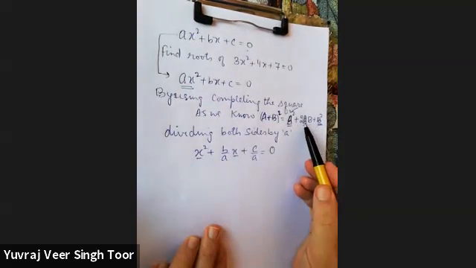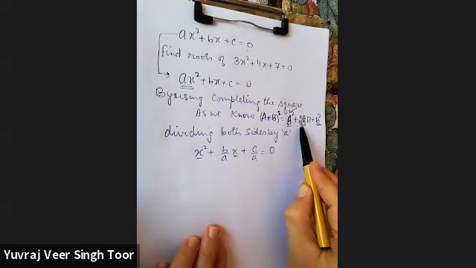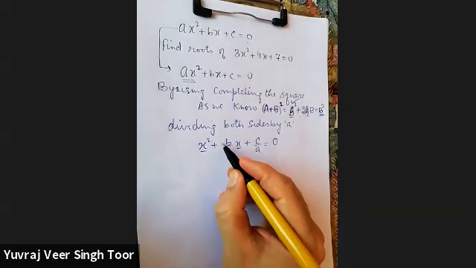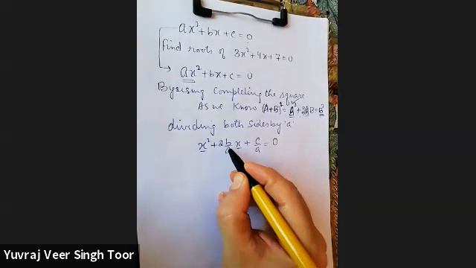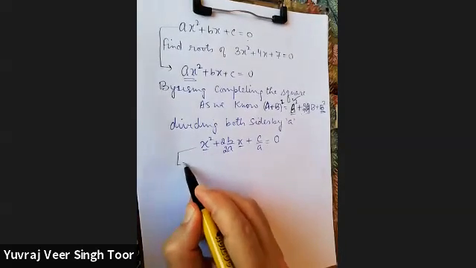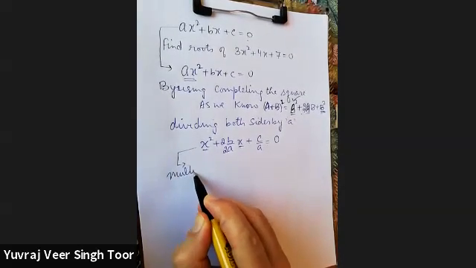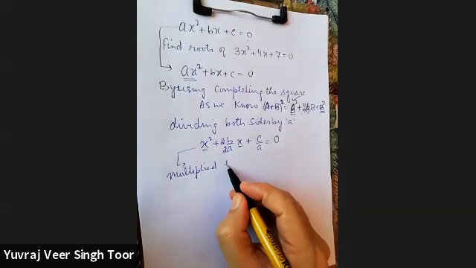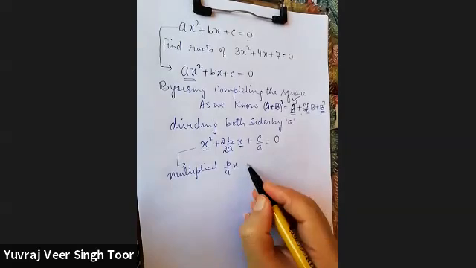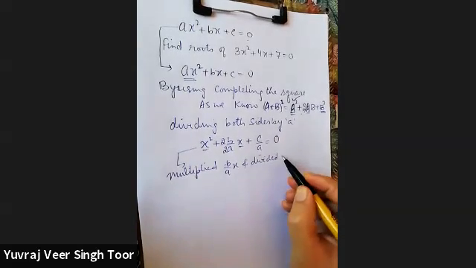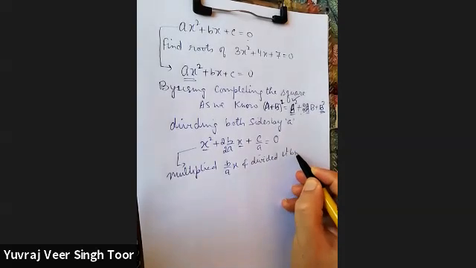So what is there? You should look for 2. Does this have 2 here? No. So what you can do, you can multiply and divide by 2. So what I've done here, I have multiplied b by a x and divided it by 2.